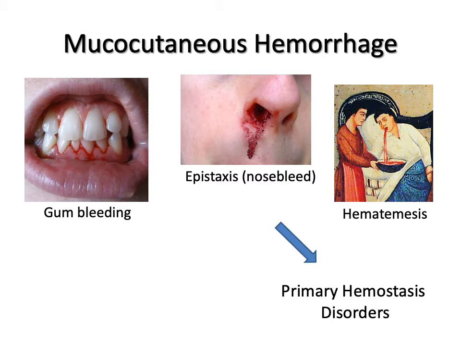Other examples of mucocutaneous hemorrhage, but not indicative of a platelet disorder, include bleeding of the gums, which can be present in periodontal disease, nosebleeds, or epistaxis, which can be brought on due to low humidity or high blood pressure, and hematemesis, which can be due to conditions such as some infectious diseases.